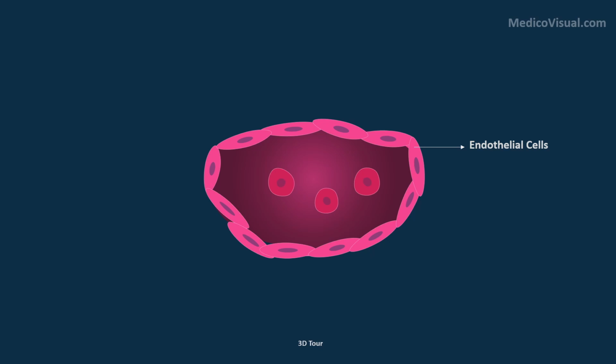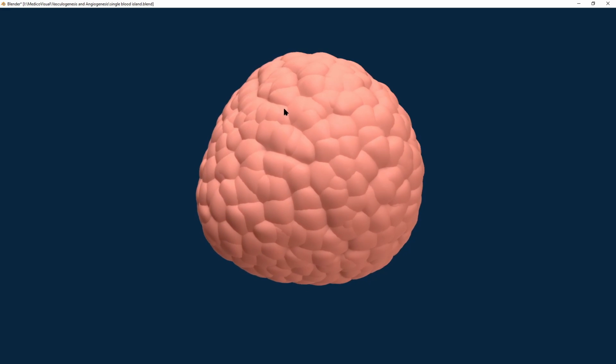Now at this point I really want you to have a crystal clear concept of this structure, so let's have a 3D tour. Let's suppose that this is a single blood island, and spaces have coalesced in between this blood island and a lumen has been formed at this stage.